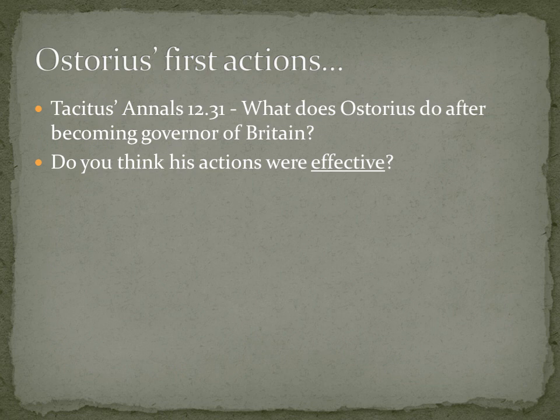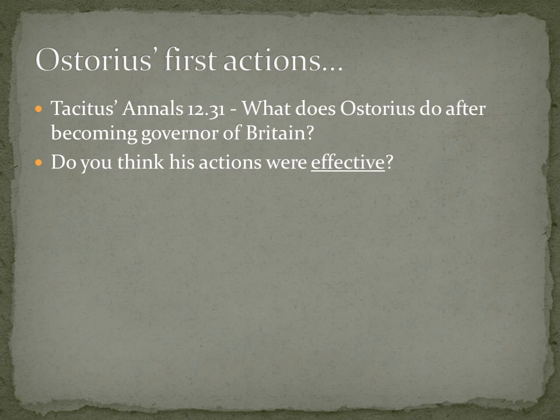So when we look at Ostorius' first actions, then he arrives in Britain to this chaotic scene, and his first actions are to put everything down as severely as he can, and then disarm everyone who he has suspicions about.